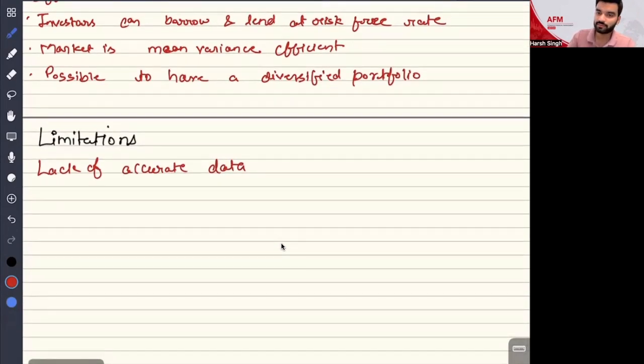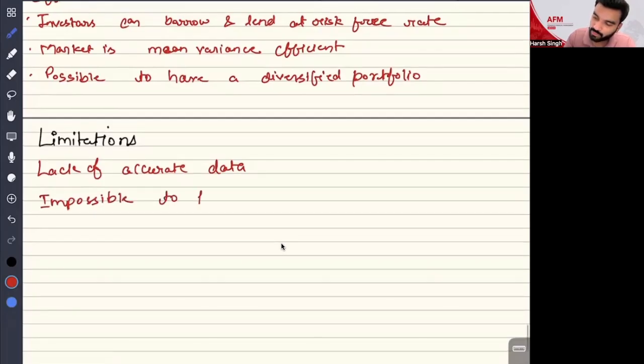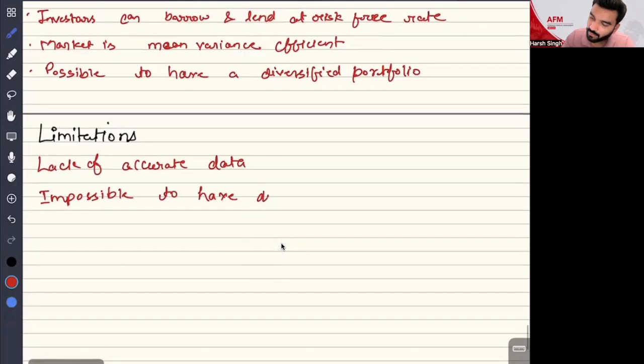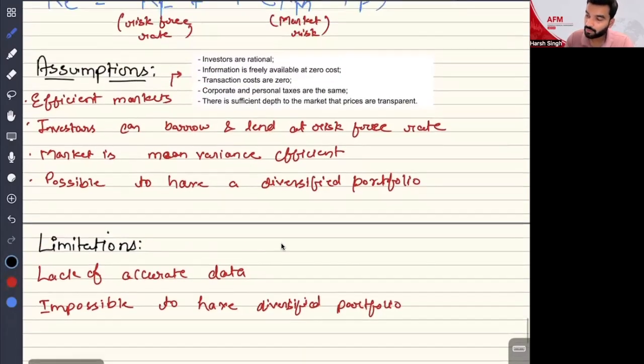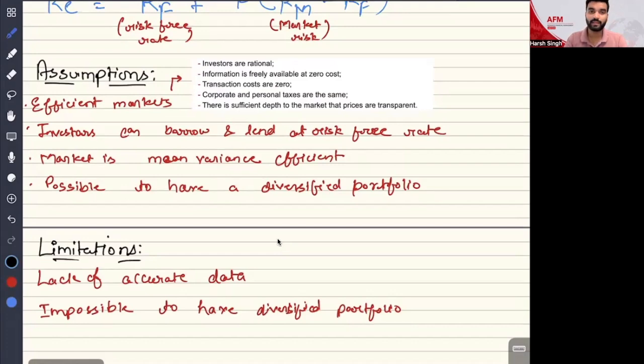Then second, impossible to have a diversified portfolio. These two are the important limitations that we need to remember.